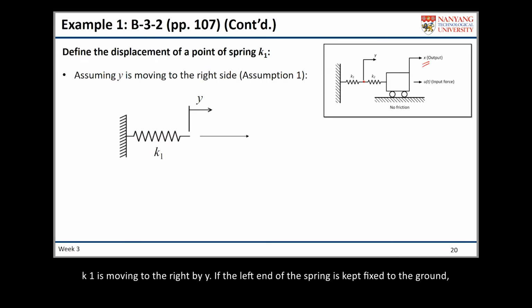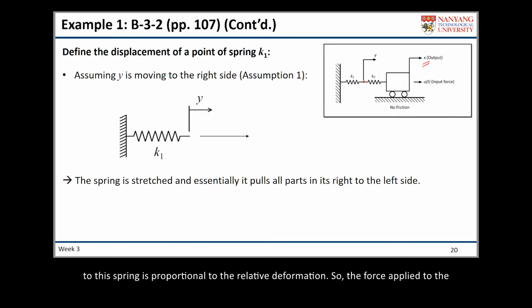If the left end of this spring is kept fixed to the ground, so basically this spring is stretched, right? If you stretch a spring, what does it mean? That means you apply force to the spring in the outward direction, and the force that you apply to this spring is proportional to its relative deformation.